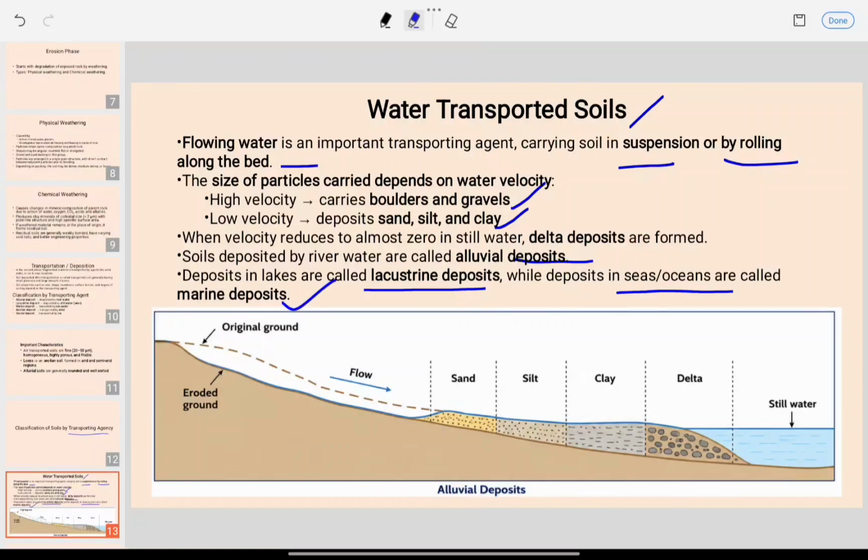This diagram clearly shows how the particles settle in sequence as water velocity reduces.